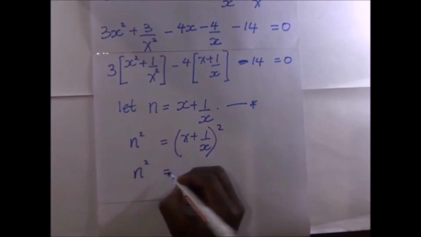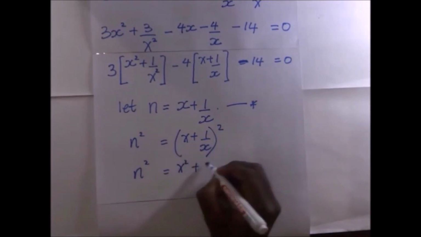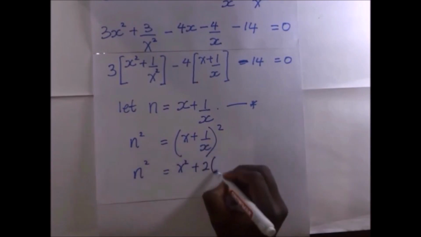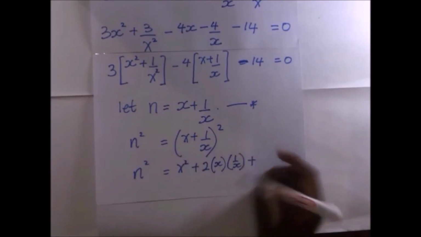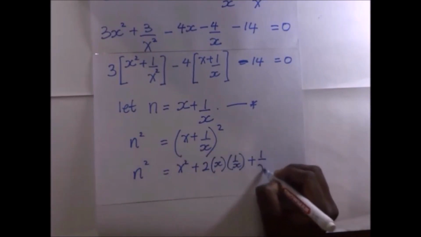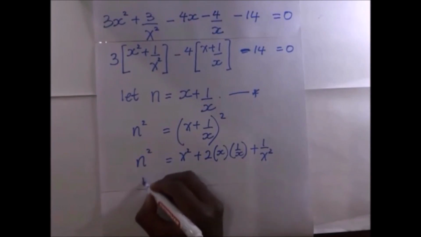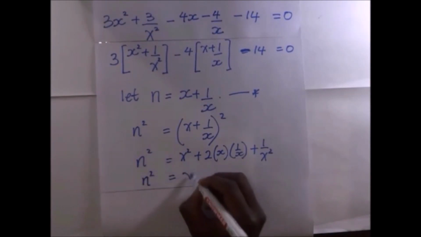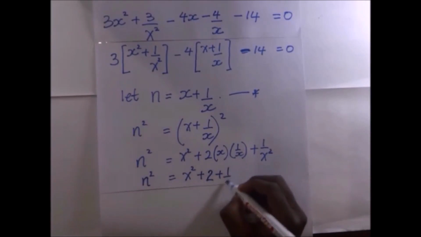When we square both sides, expanding this is going to become x squared plus 2ab plus b squared, 1 over x squared. So we shall end up with n squared being x squared plus 2 plus 1 over x squared.